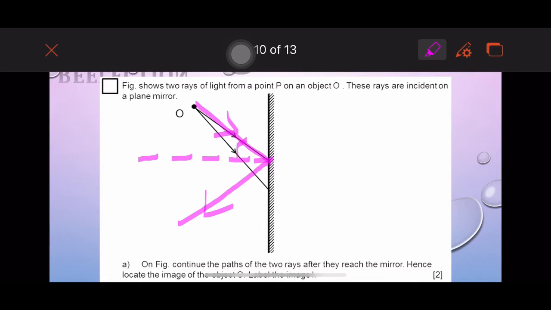You have to denote it with these arrows. Now this should be exactly equal to the angle you measured over here. Do you understand? That is very significant. After doing that, you're going to continue drawing the reflected ray, but backwards this way, using your scale.